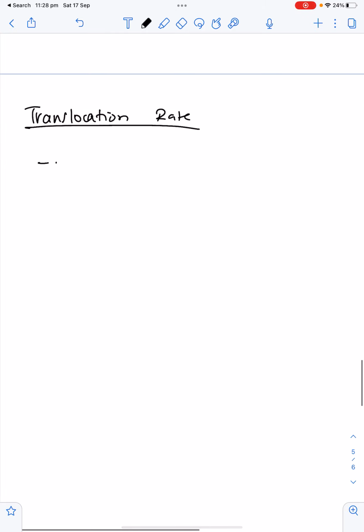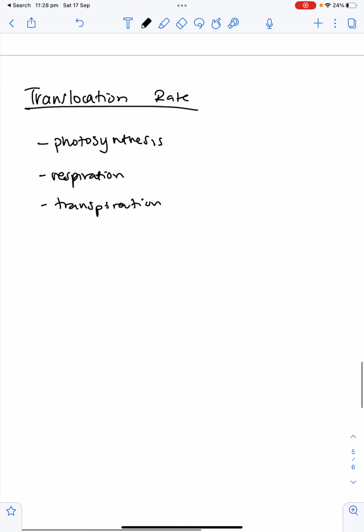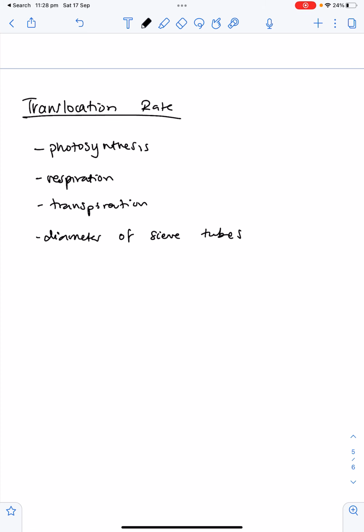So the main factors affecting translocation rate are rate of photosynthesis, rate of respiration, rate of transpiration, because this determines how much water actually enters the phloem for mass flow, as well as the diameter of the sieve tubes, because this affects the hydrostatic pressure and may differ between different plant species.